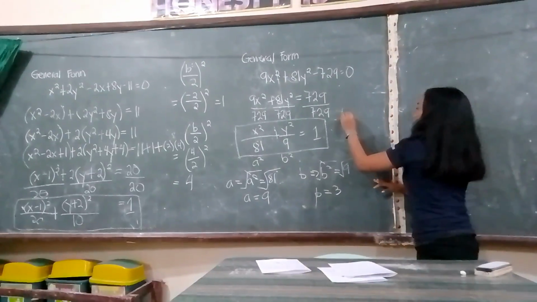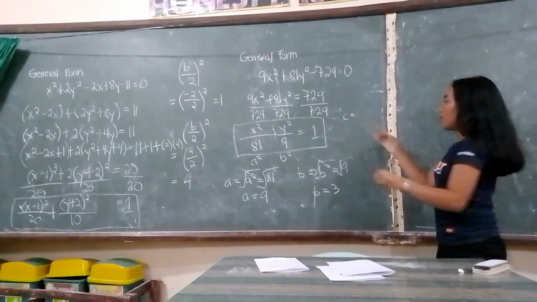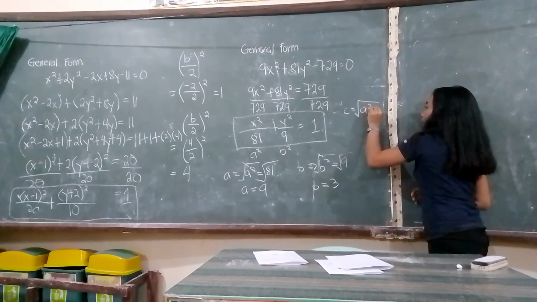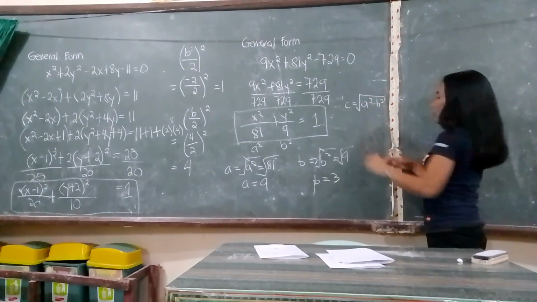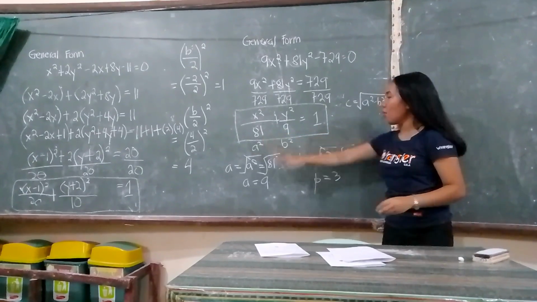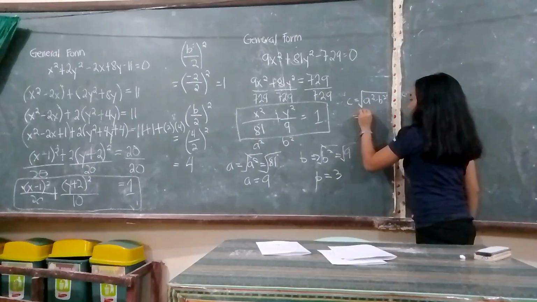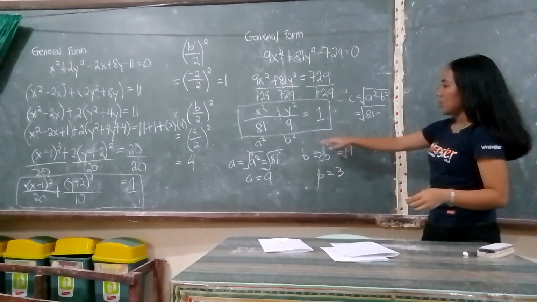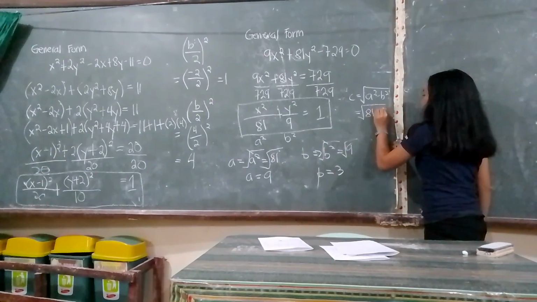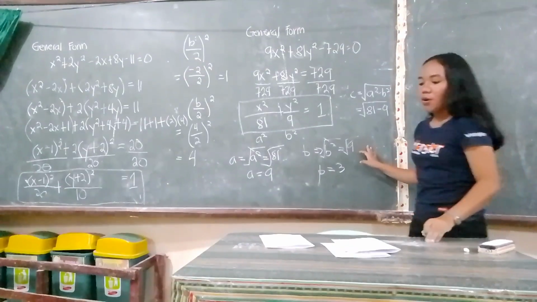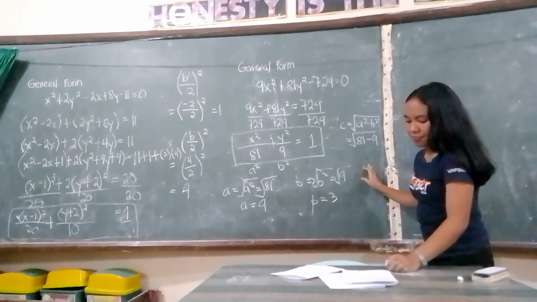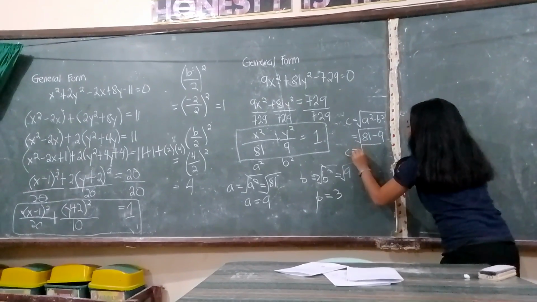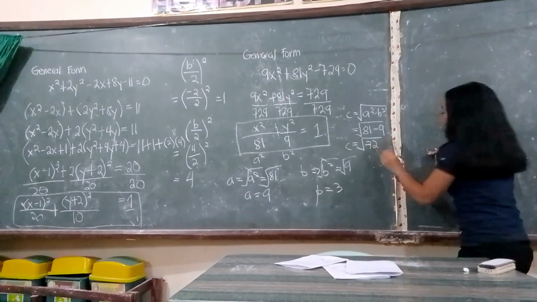And for our c, we have a squared minus b squared. So our a squared is 81, so we have 81 minus 9. So our c is equal to square root of 72.